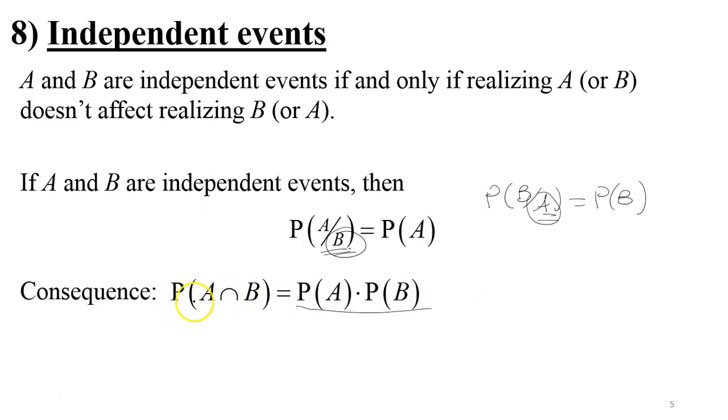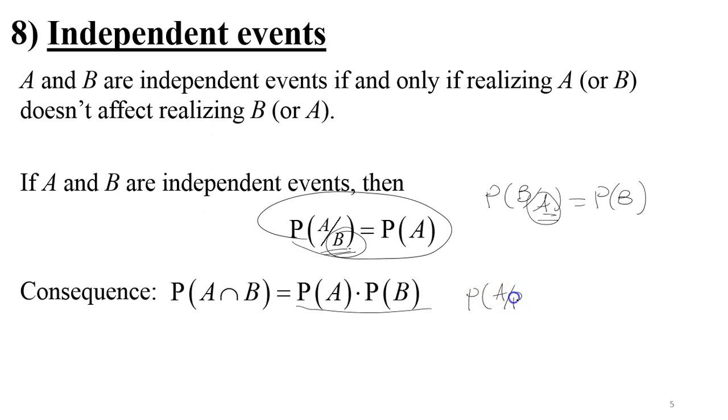Now, why is it that if A and B are independent, then the probability of A inter B would be equal to the probability of A times the probability of B? That would be because of the conditional probability being equal to the probability of the original event.